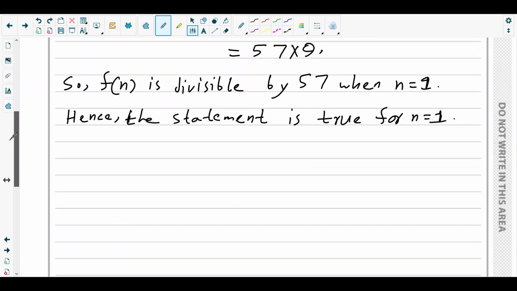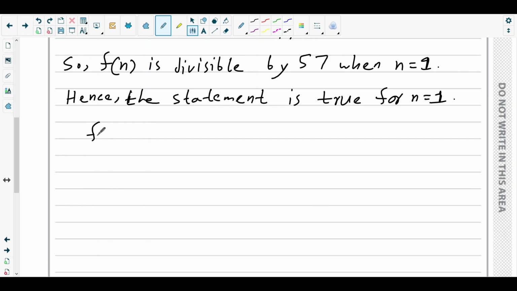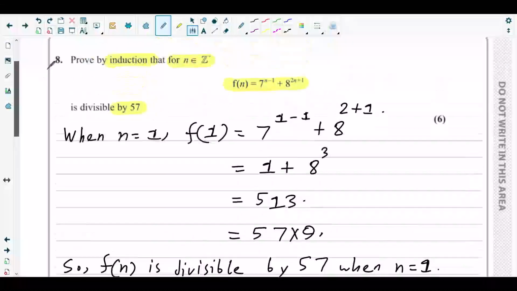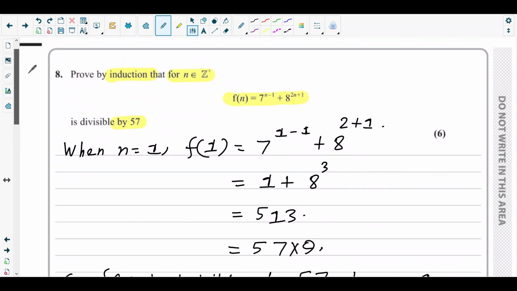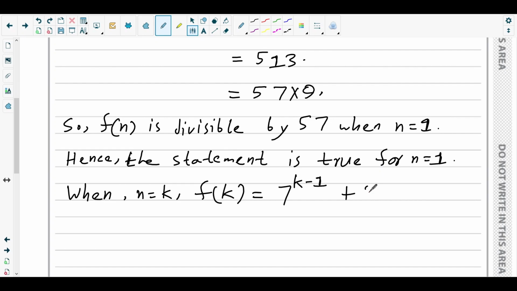For induction, at first we will get the equation for n equals k. When n equals k, f of k equals 7 to the power k minus 1, and then plus 8 to the power 2k plus 1.